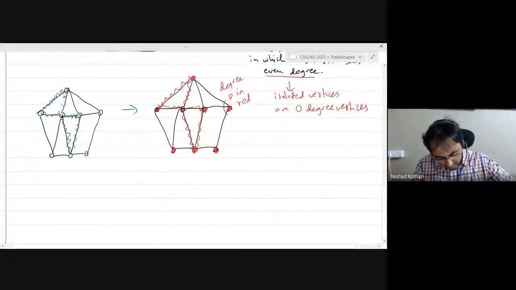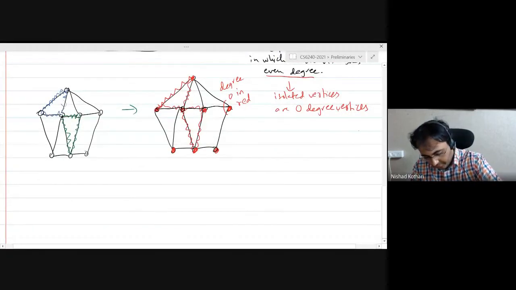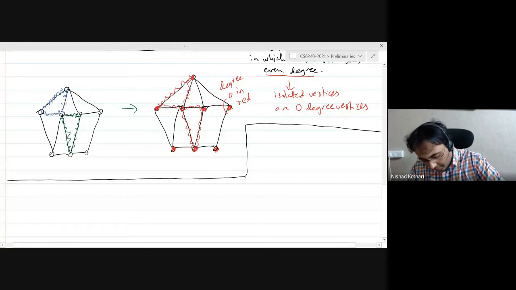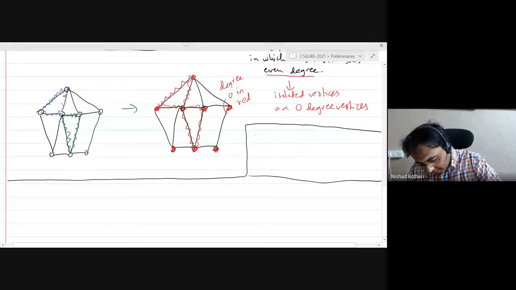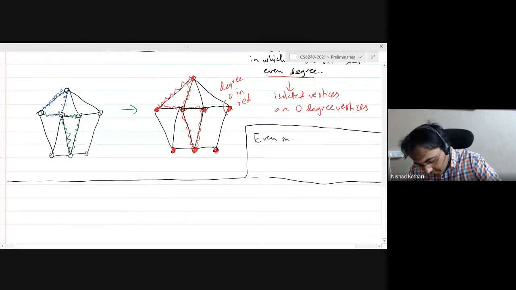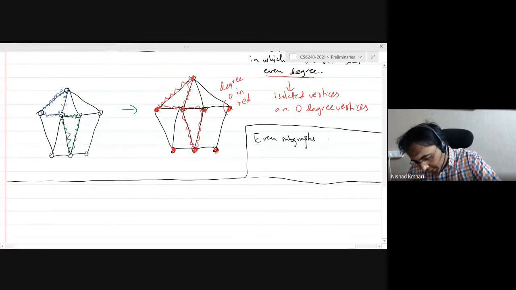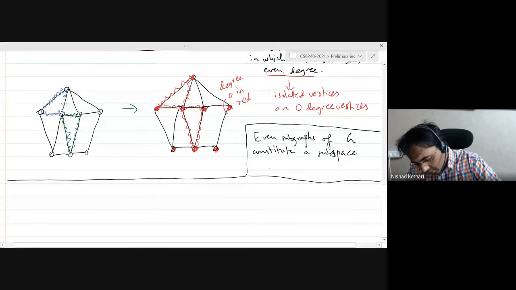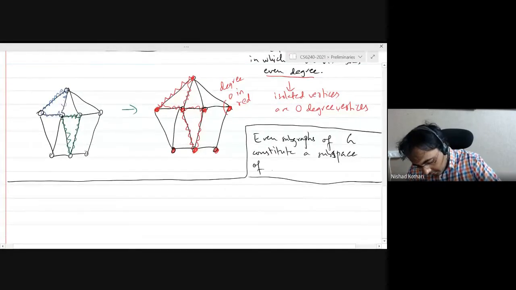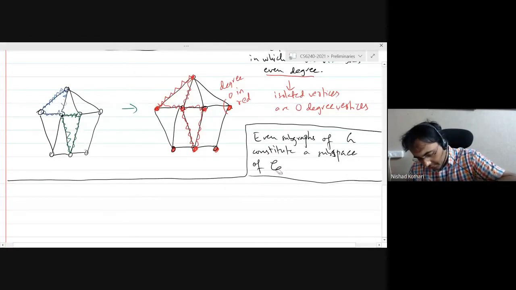All right. So it turns out that the even subgraphs of G constitute a subspace of the edge space of the graph.